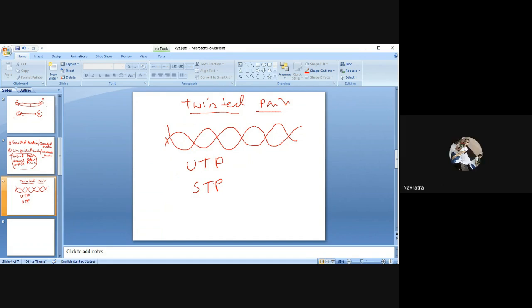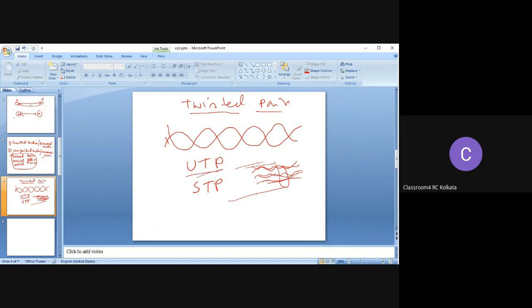UTP, unshielded twisted pair. One twisted pair, another twisted pair, and another. All these twisted pairs have a protective layer over them. It is unshielded twisted pair.